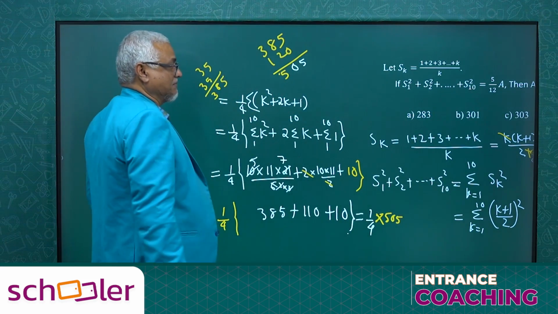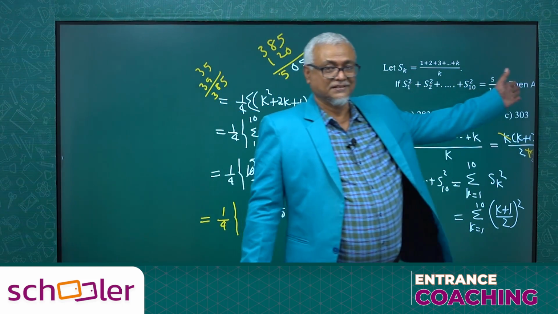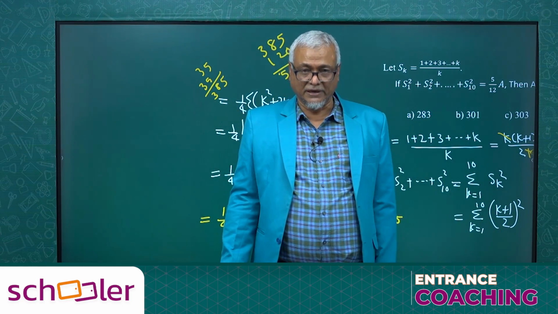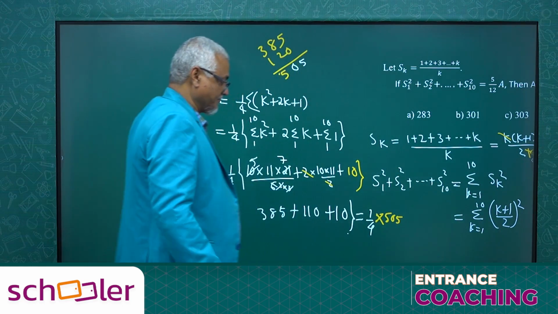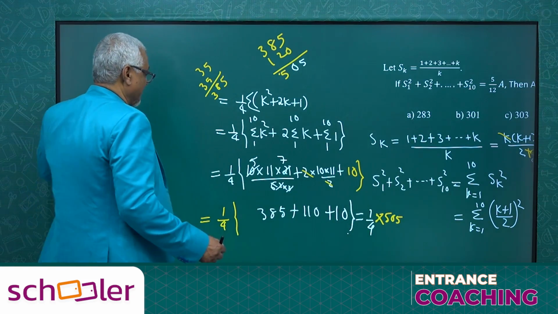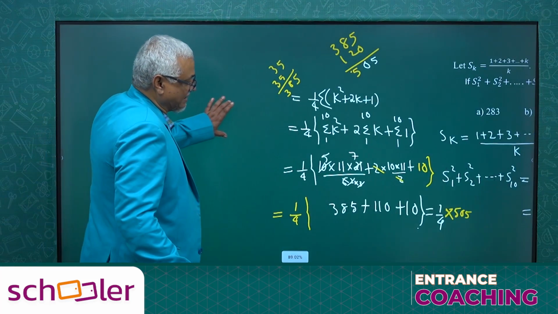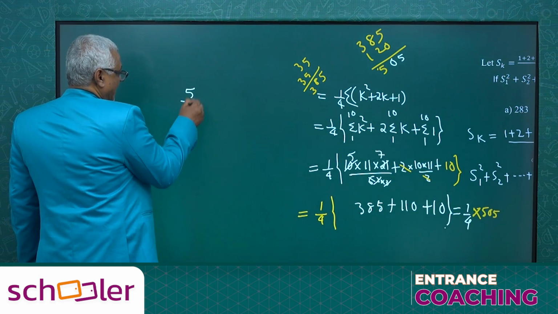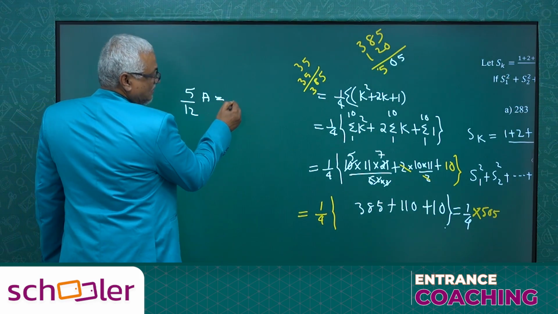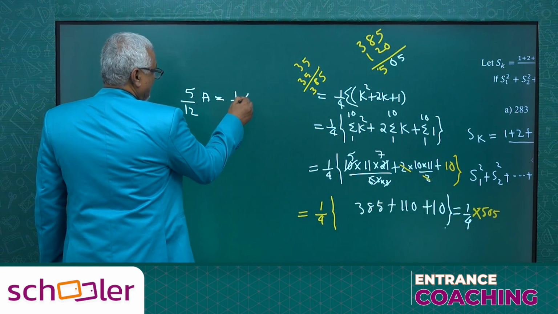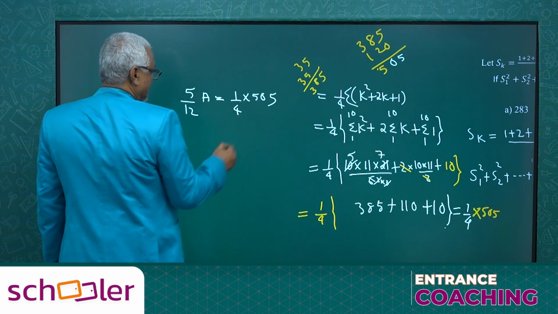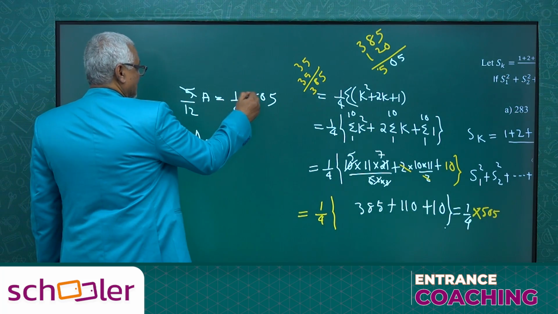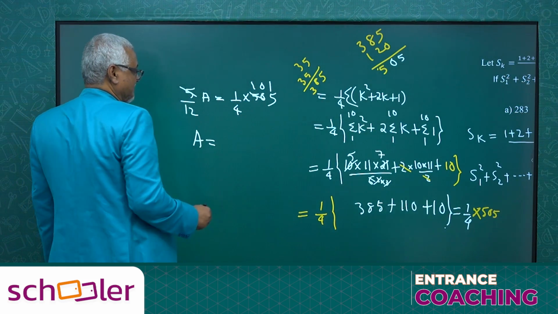Okay, that is not the answer because in the answer you need only A, but it is given that this is equal to 5 by 12 into A. So what is A? 5 by 12 A is equal to 1 by 4 times 505. So what is A? You can cancel this 5, 101.